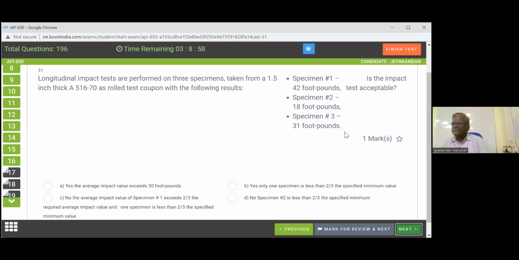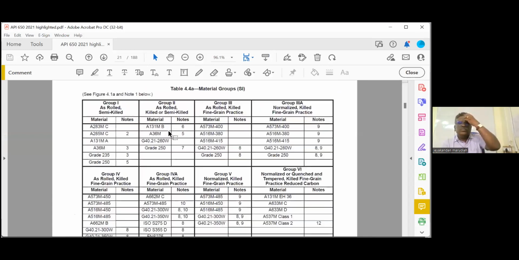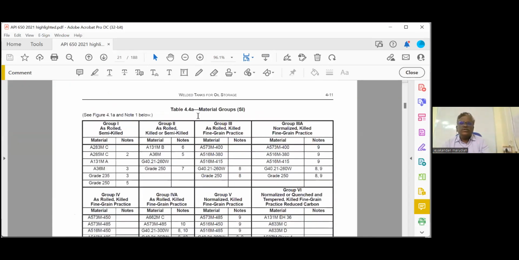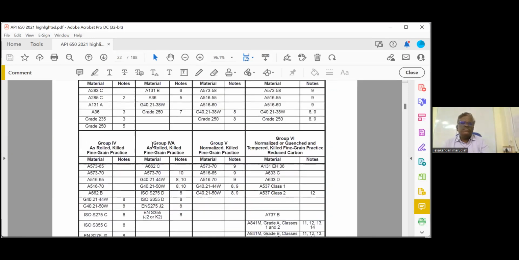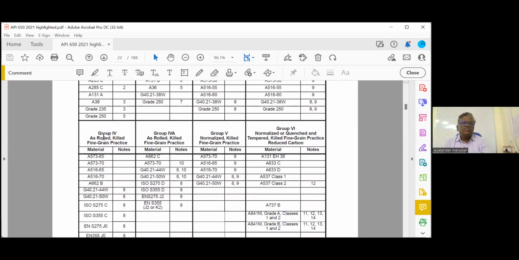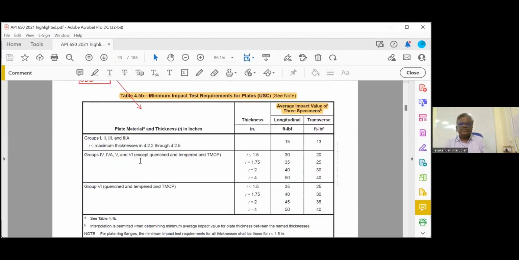Group 4, sir. Okay, 516C. See, how to answer it? First go to this one, material grouping. 516 grade 70 normalized, group 4. So normalized, it is group 4. Group 4, what is the average? 1.5. Which? 1.5, 30. Okay, that is the average.